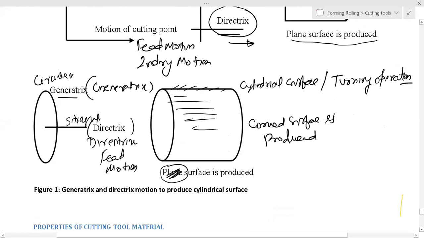So you have varieties of machining processes and operations, whether it's planing, shaping, turning, boring, grinding, drilling, or milling, everything we will understand. Basically our focus will be only on the numerical parts.